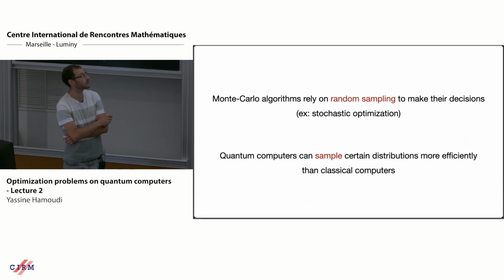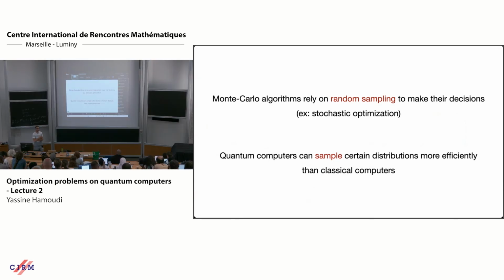Monte Carlo algorithms are an important family, a paradigm of algorithm design in which we use random sampling and statistical estimation in order to accelerate the execution of an algorithm or improve its performance. For instance, stochastic optimization is based on this kind of technique.